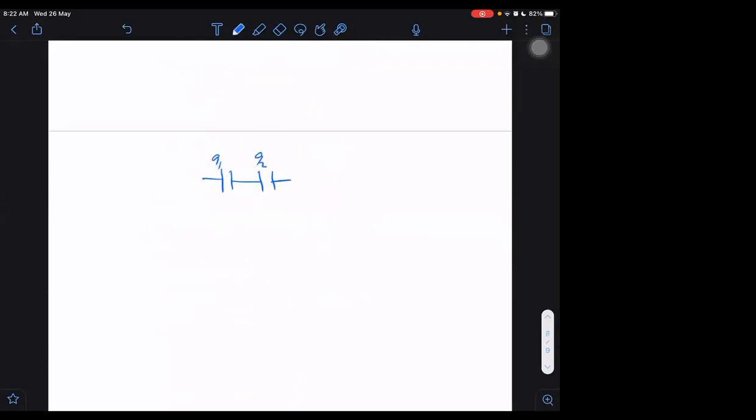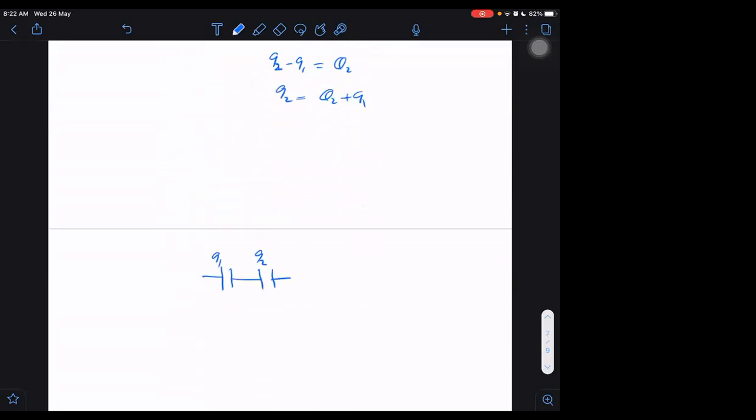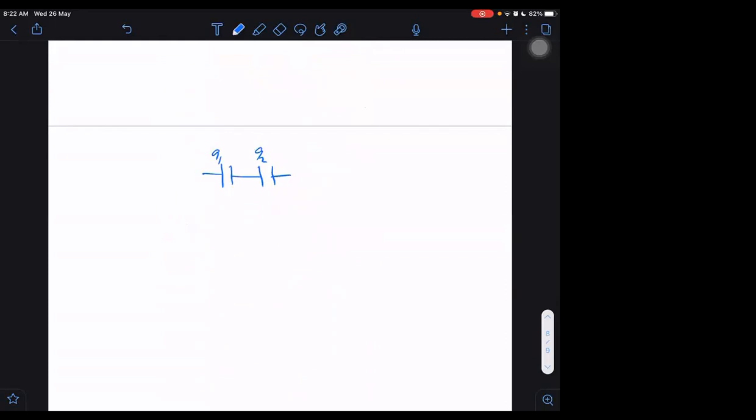It is Q1, let us say it is Q2. Q1, Q2. Now assume this is a battery and then there is a switch. This is the equivalent diagram. Don't worry about the outer charge. The charge which is inside is contributing to the field in between the plates of the capacitors, so that can be regarded as the charge stored in the capacitor.